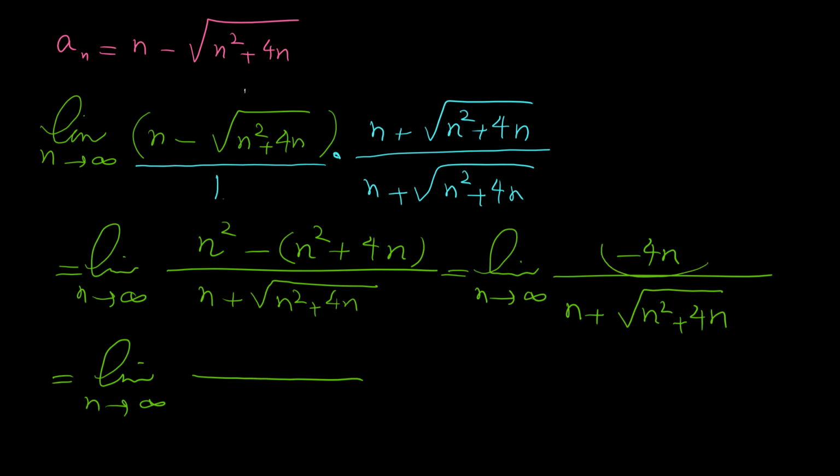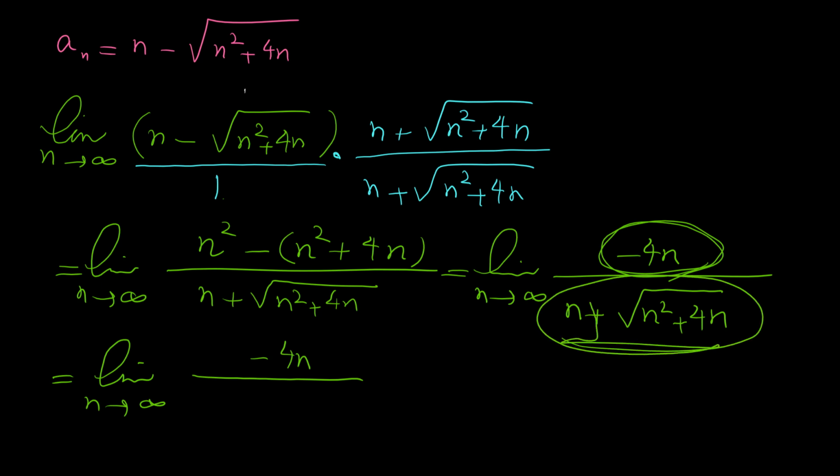In numerator we have only negative 4n, so we keep negative 4n in numerator. When we look at the denominator, we notice that we have n, so n plus, now please pay attention to this part, we have n to the 2 and 4n. Between these two terms, which one is significant? Which term in the radical we have to keep? And which one we can ignore?